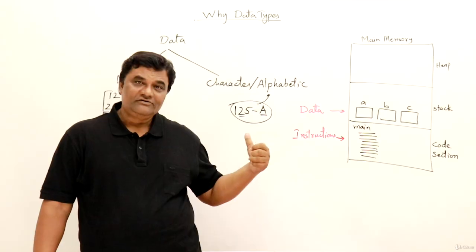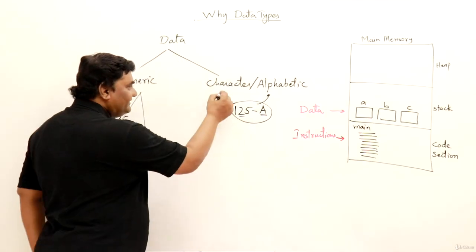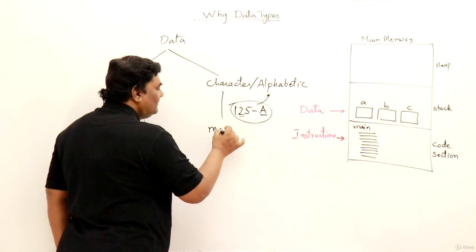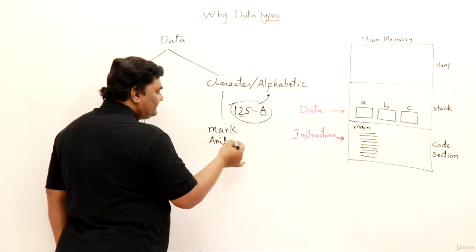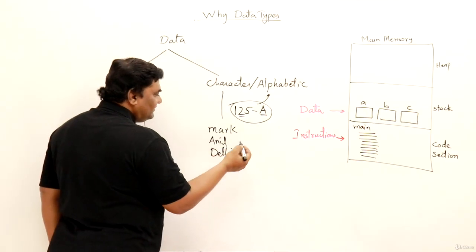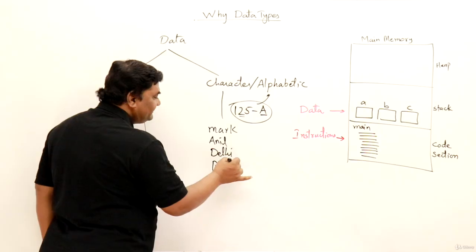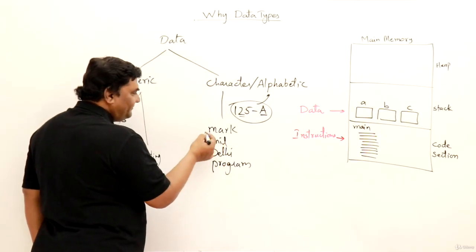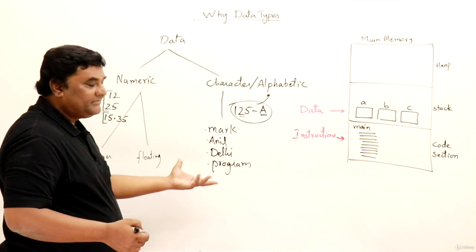Then next, coming to this side, that is characters. Here, if I write a name, that is Mark, or Anil, these are names, or the name of a place, Delhi, or any word, like program is a word. It may be a name of a person, a name of a place, or any word from the dictionary.